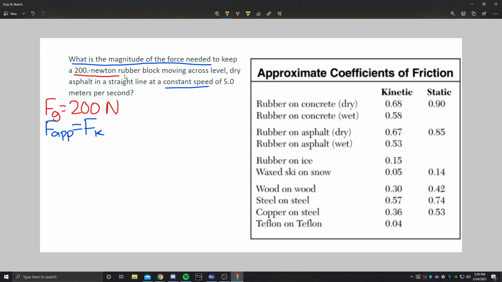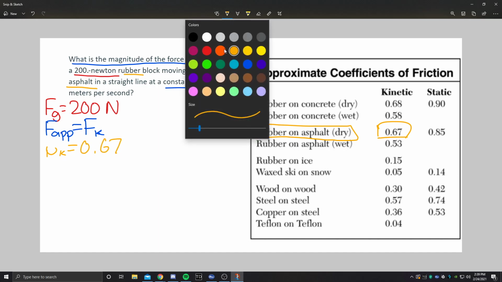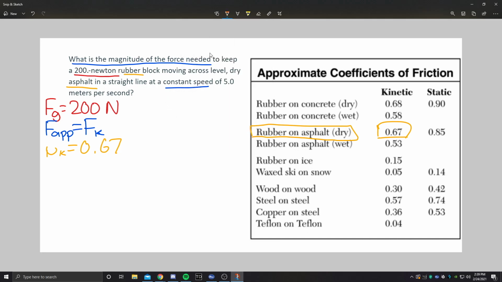It's rubber on dry asphalt, and the object is moving, so you're working with kinetic friction. The coefficient for kinetic friction is 0.67. And Fn is equal to Fg, which is equal to 200 newtons.